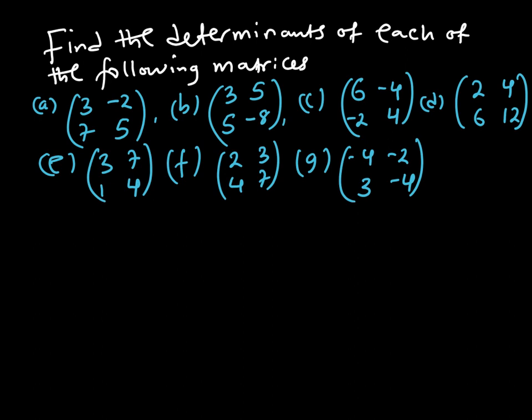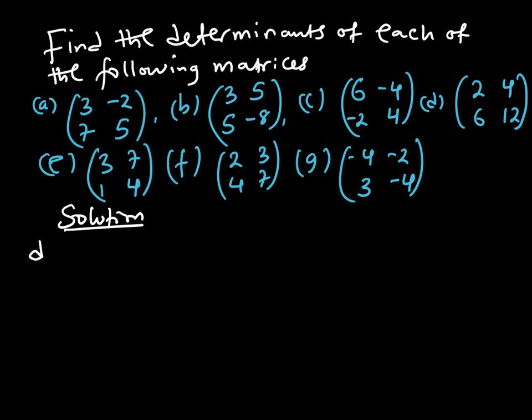So they are giving us this exercise, and they want us to find the determinant of each of the following matrices. Now, as a teacher, I'll only do one for you, and let me do the last one. Solution: we know the determinant of the matrix.